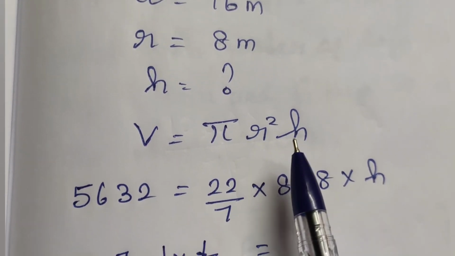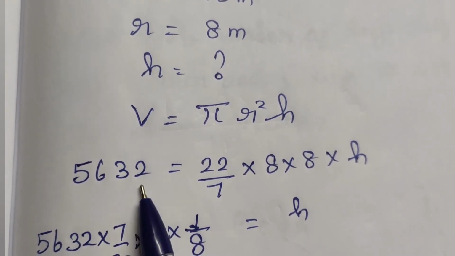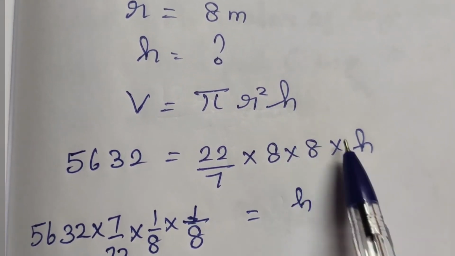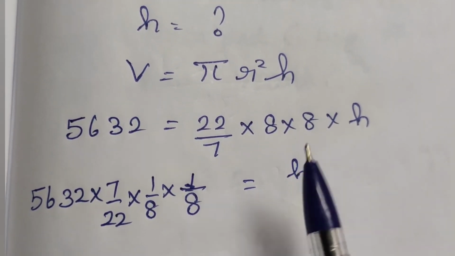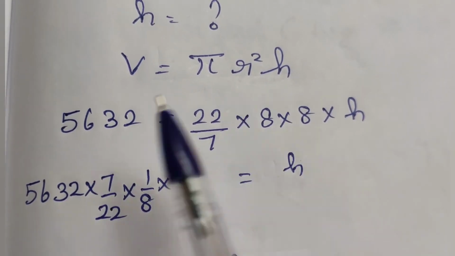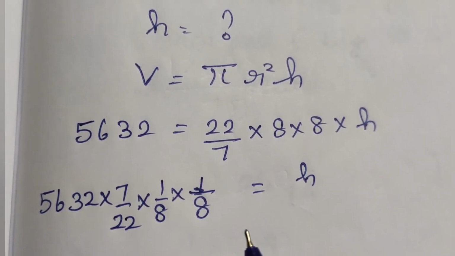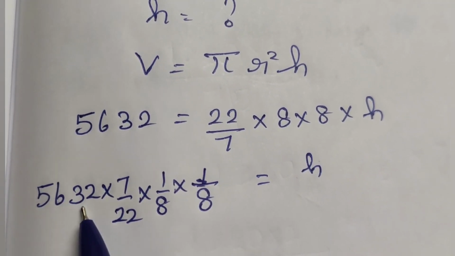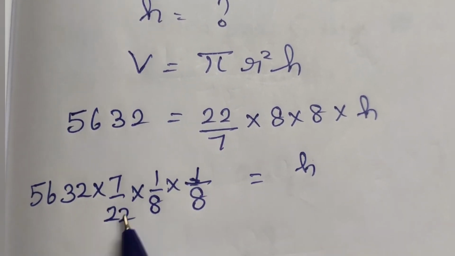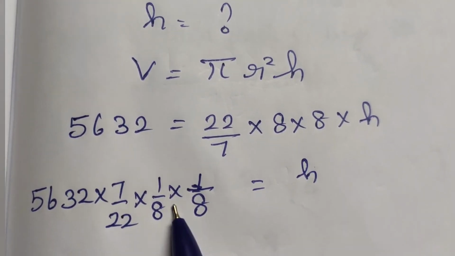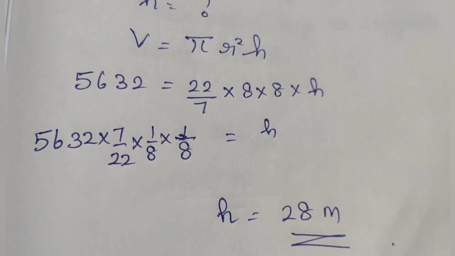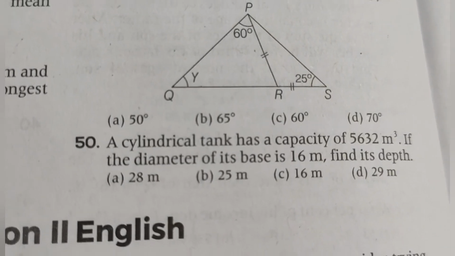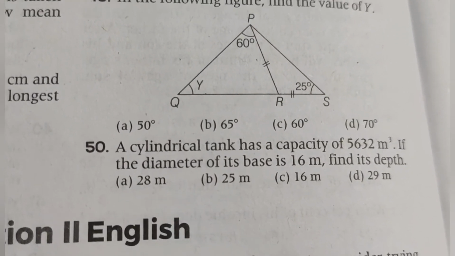Volume is equal to pi r squared h. 5632 equals 22 by 7 into 8 into 8 into h. I keep h as such and transpose the rest, which become reciprocals because they are in multiplication. So 5632 into 7 by 22 into 1 by 8 into 1 by 8. On cancelling out, we get h is equal to 28 meter. A is the answer, 28 meter.